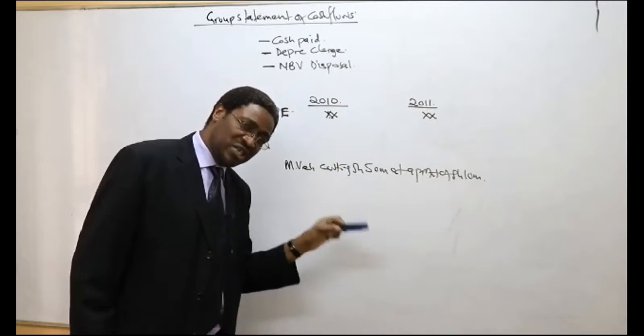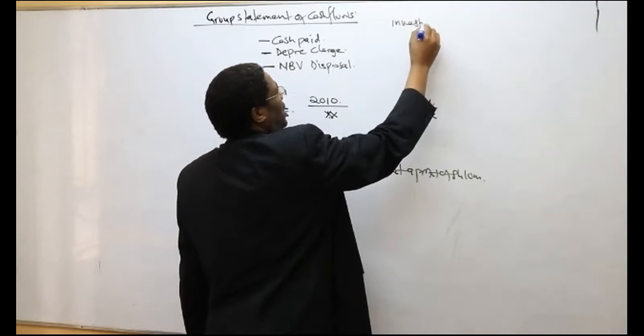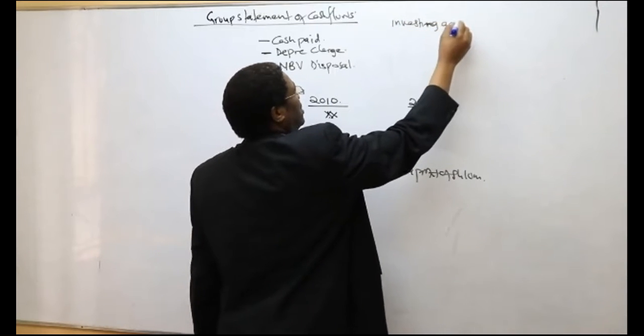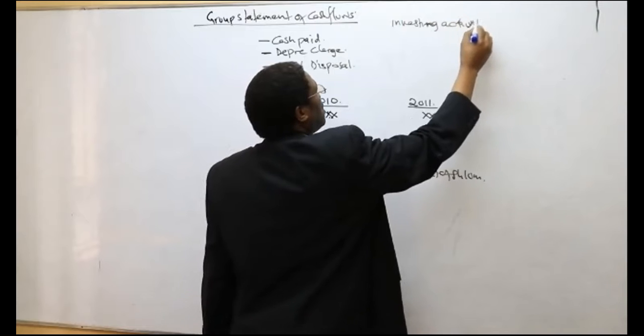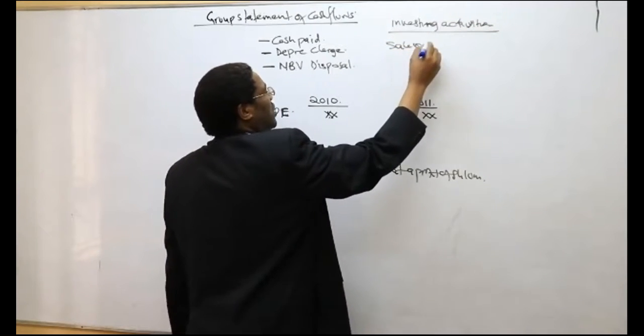Of course, there was a disposal. And among your investing activity items in the cash flow statement, you need to come and say sale of motor vehicle.